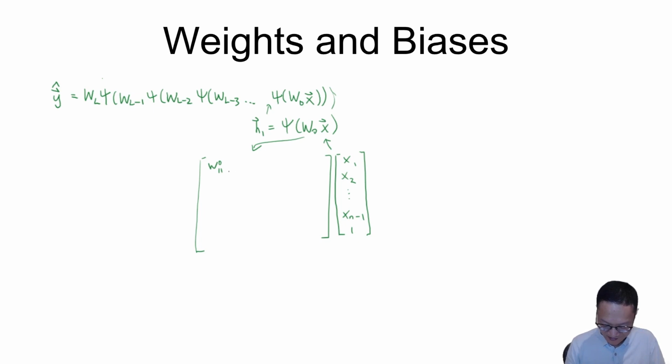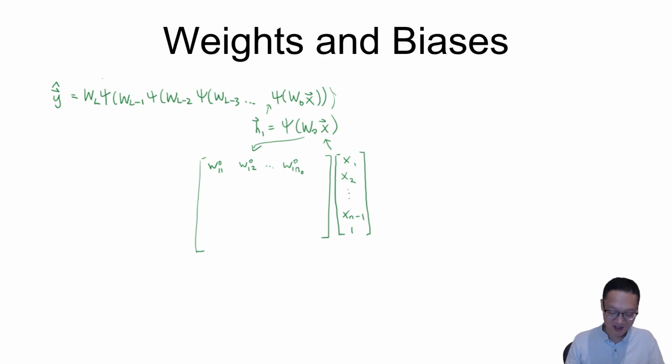So w11, w12, all the way to w1n0, where n0 is the same as the number of components of the previous feature.